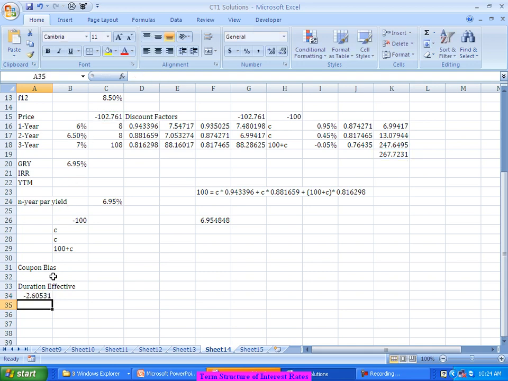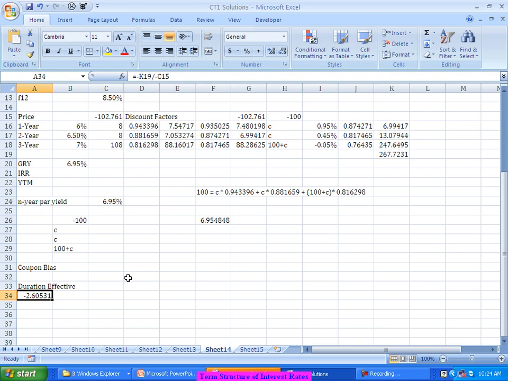So this is coming out to minus 2.6. So how do I interpret this minus 2.6? Probably for every 1% change in the interest rate, there is a 2.6% change in the price of the bond.